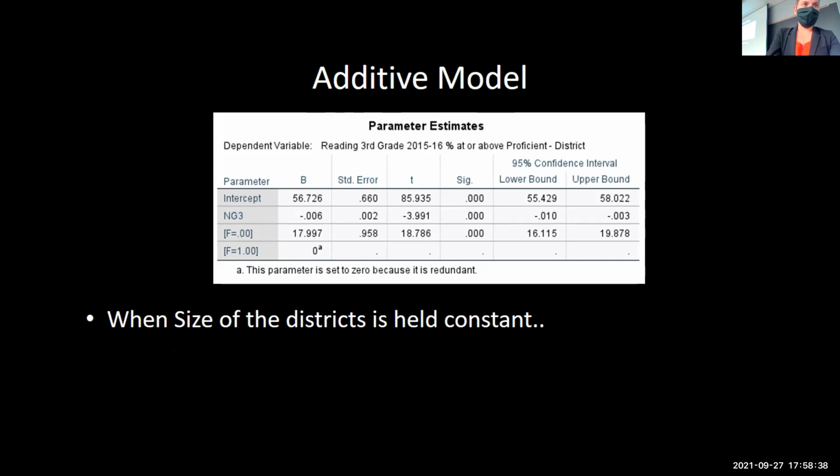The difference between a school district that does have an F and a school district that does not have an F. 18-ish. So a school district that does not have an F is getting 18 percentage points higher on their third graders passing the achievement test.